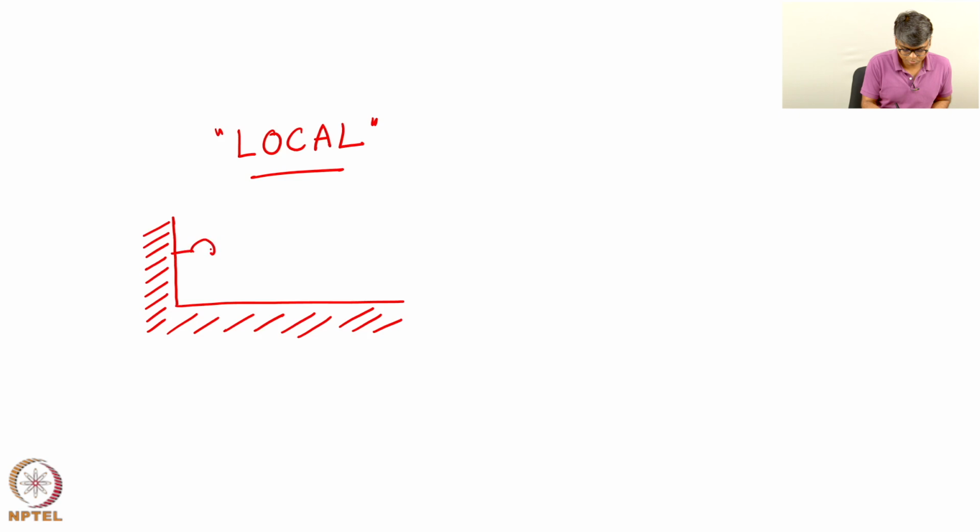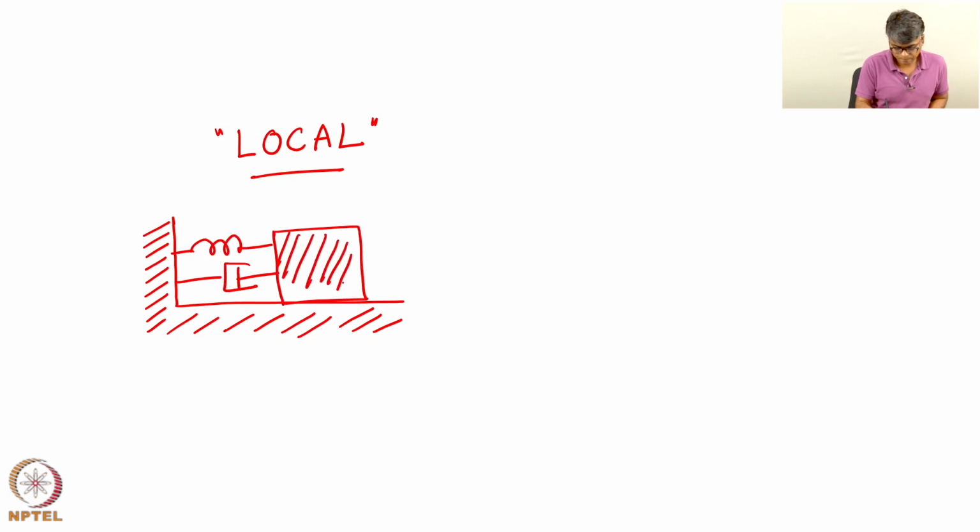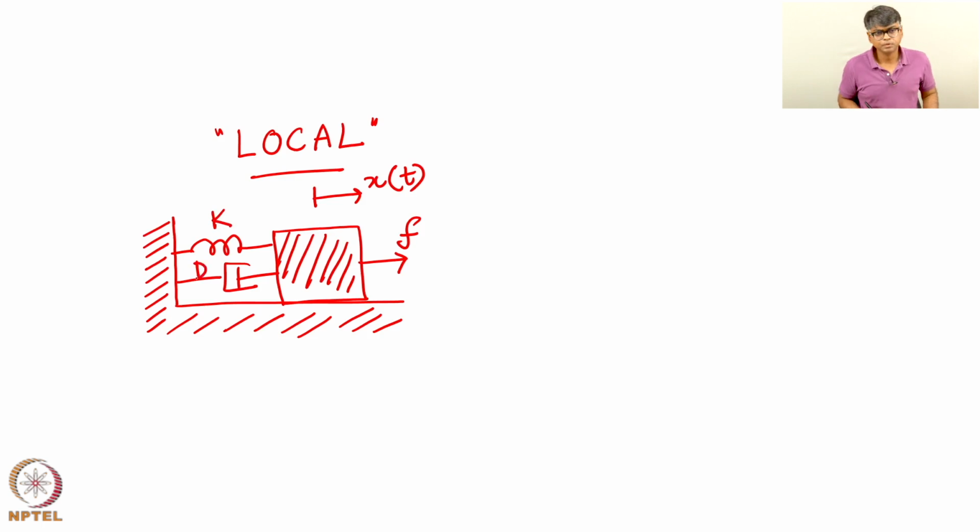This is a spring mass dashpot system where there is a mass that is being pulled by some force F. There is motion of this guy, which is our main function, and this spring has a constant K, this dashpot has a constant D, and we know that if you apply Newton's laws to it, and then draw the free body diagram.